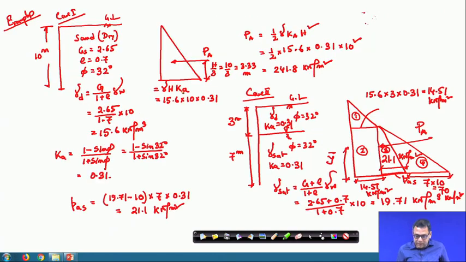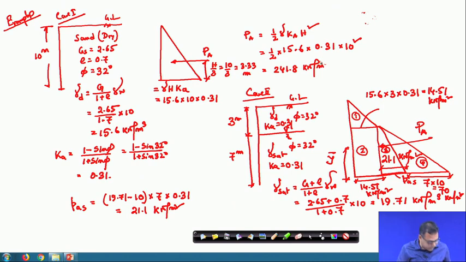If I see this problem here, y bar was 3.33 meter. Sorry, this is PA, and this PA is kilonewton per meter, correct that. Small p is the stress, kilonewton per meter square, but capital P is the force, so it will be kilonewton per meter.